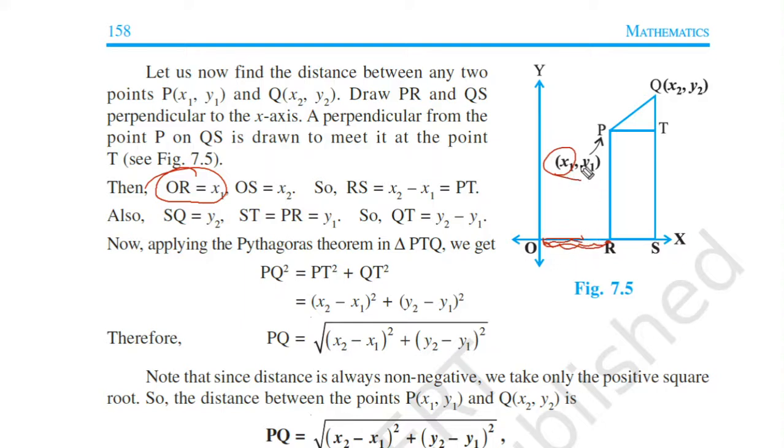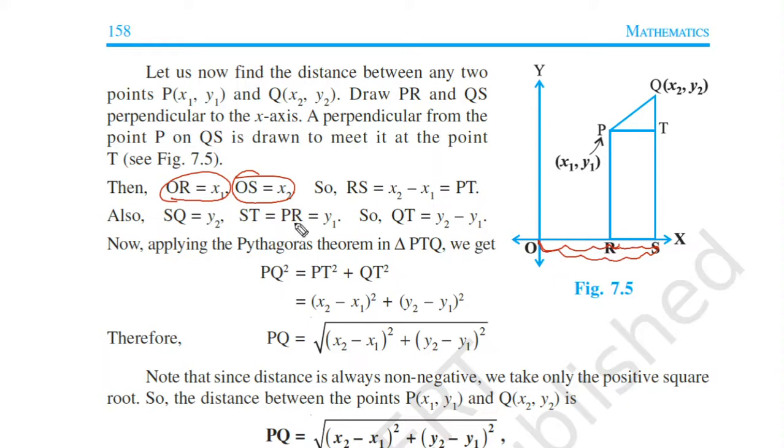The x coordinate here is x1, therefore the length of OR will be x1. OR is equal to x1, and OS will be equal to x2. So the length of RS will be equal to OS minus OR.